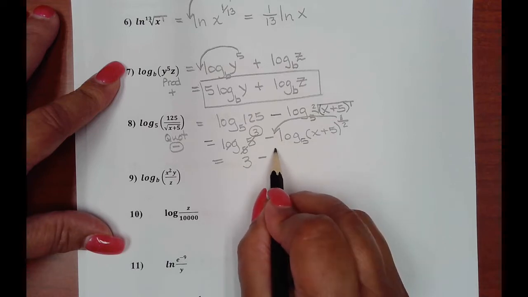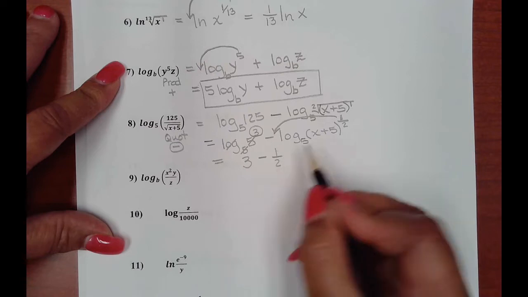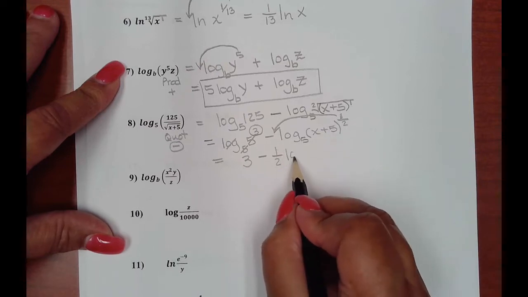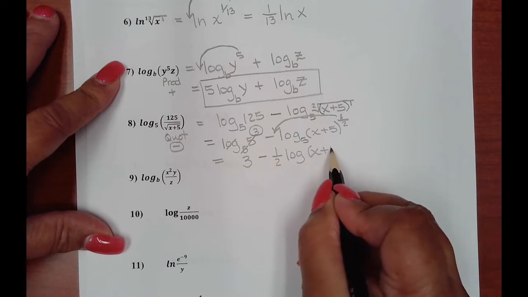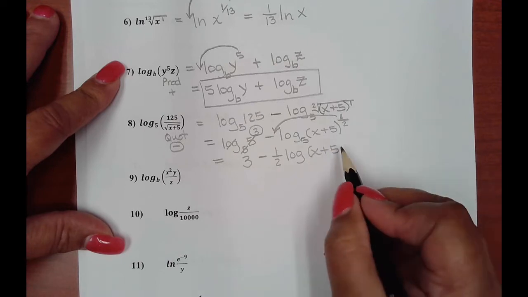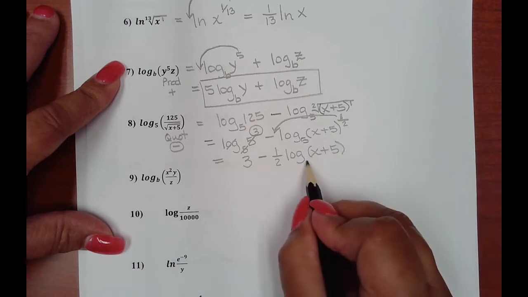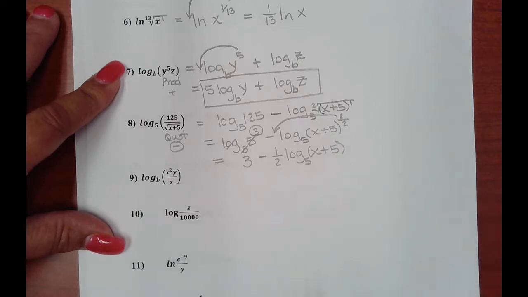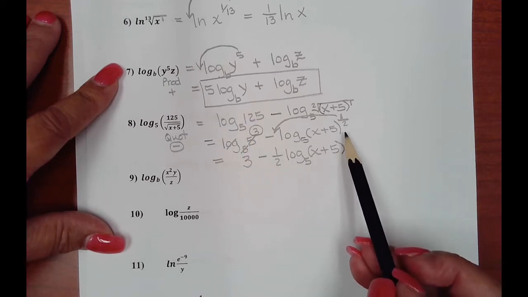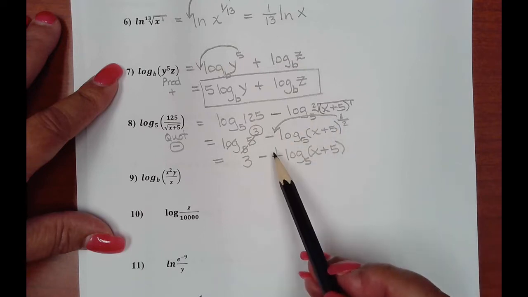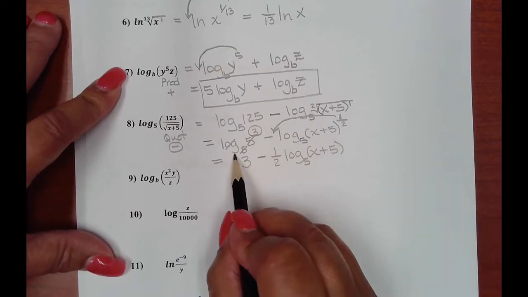So it'll be minus the coefficient, which was the power, and then your log expression, log of x plus 5, and put that base right back there. Okay, so I was able to simplify this all the way down to 3, and I was able to simplify this somewhat by bringing the power down as a coefficient.